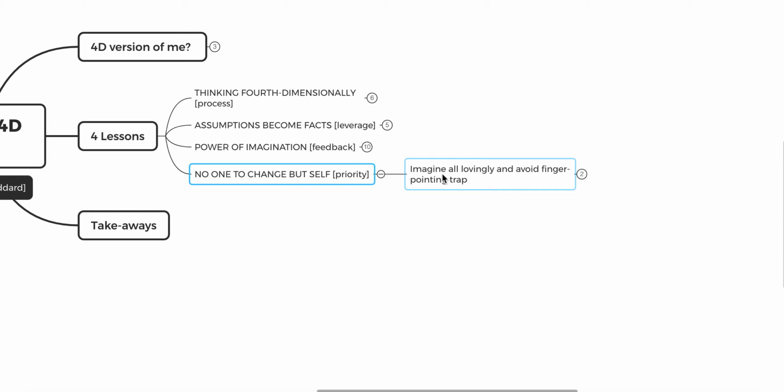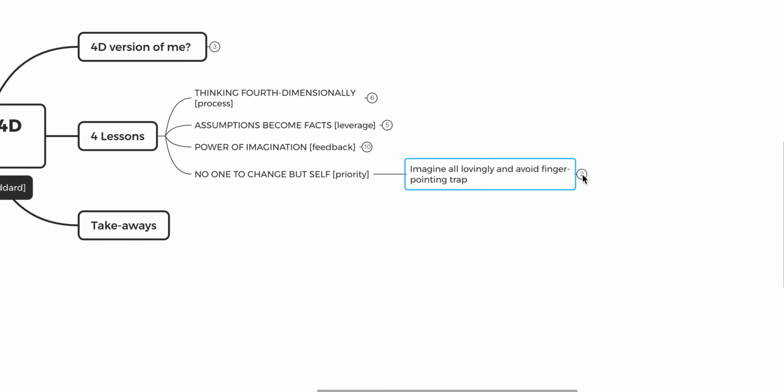And as I hinted before, the highest leverage is in imagining everything lovingly: yourself, others, and others' image of you. And avoid the finger-pointing trap. Now you might be thinking, what is the finger-pointing trap?